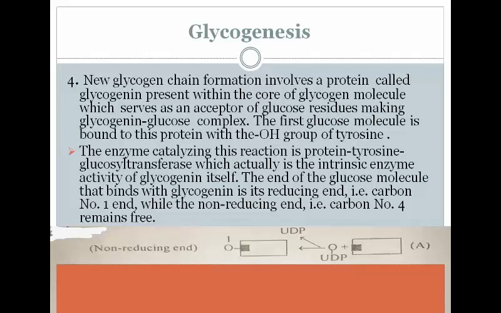And the hydroxyl group of this tyrosine is attached with UDP glucose, liberating UDP, and thus one glucose moiety is bound to glycogenin first with its reducing end, and the non-reducing end, that is carbon 4, is free here.